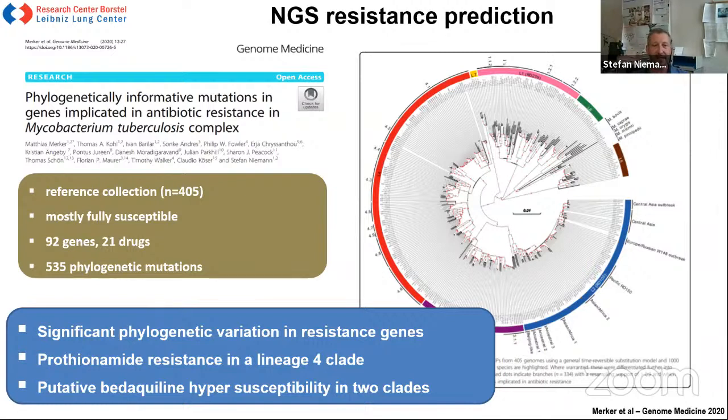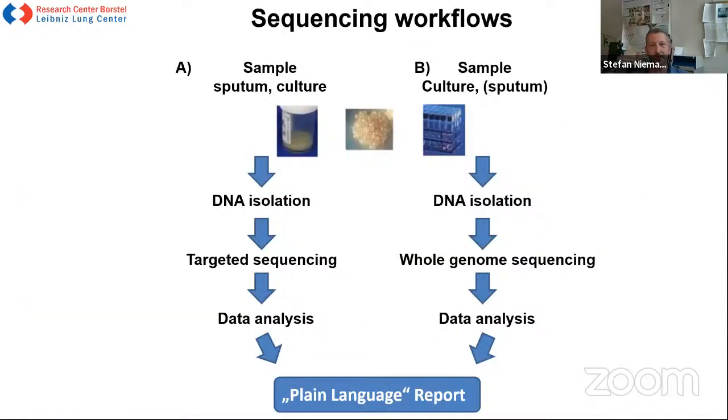Some of this could indeed lead to resistance. So there is protionamide resistance in a lineage 4 clade, and there may also be clades in the TB complex that are hypersusceptible to bedaquiline due to particular mutations. But what is clear is that this needs to be included in our interpretation catalogs.